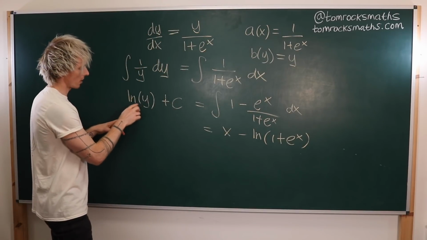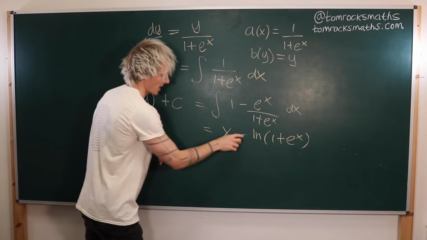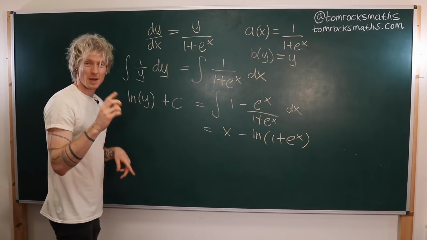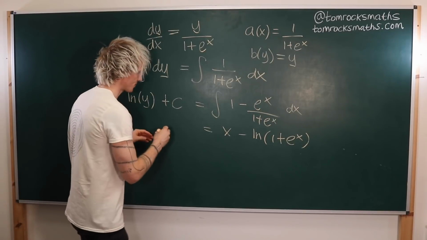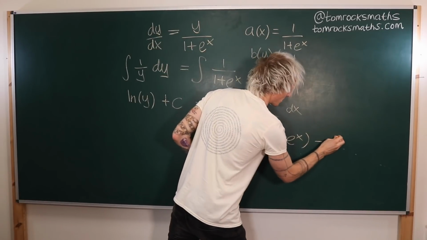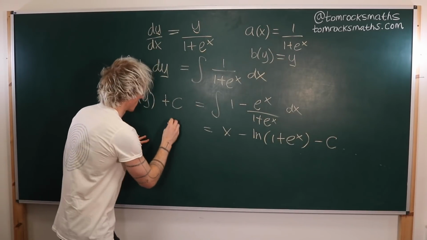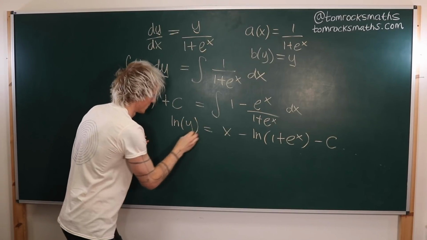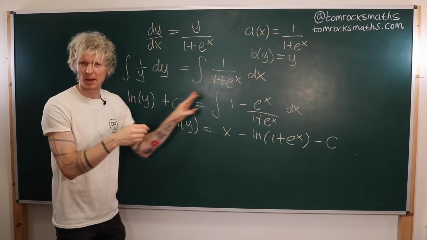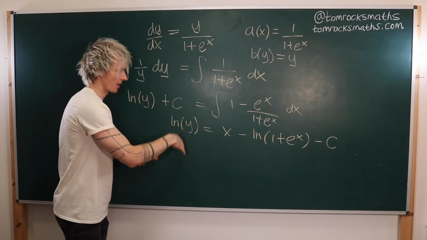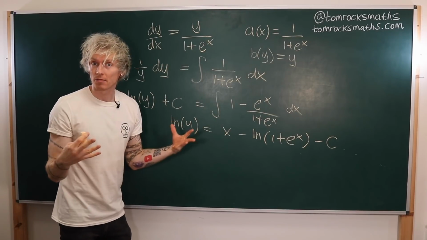Now, we've got log of y plus c equals x minus this. What I'm actually going to do is take the c across. So if I do minus c here, then I can put log of y here. And now I'm going to exponentiate both sides. So take e to the power of the left-hand side and e to the power of the right-hand side.